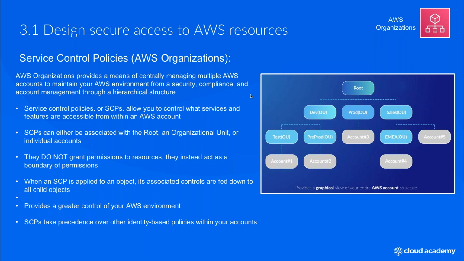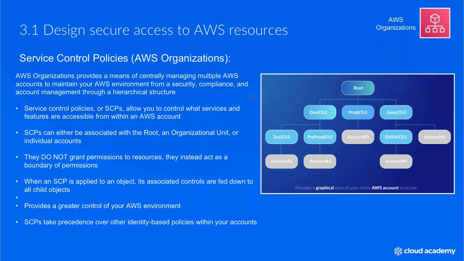I want to be clear that service control policies do not actually grant permissions to resources. Instead, they act as a boundary of what level of permissions can be applied within your accounts. As a result, they take precedence over any IAM policies you might have applied to your users within your different AWS accounts. Say, for example, you had an IAM user who has full access to S3 from identity-based permissions granted through IAM.